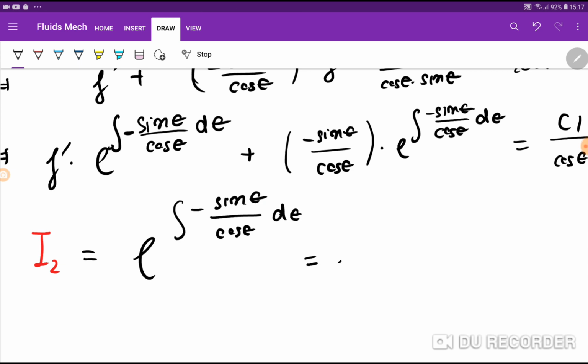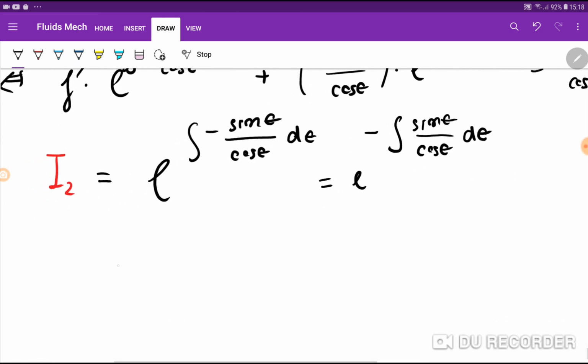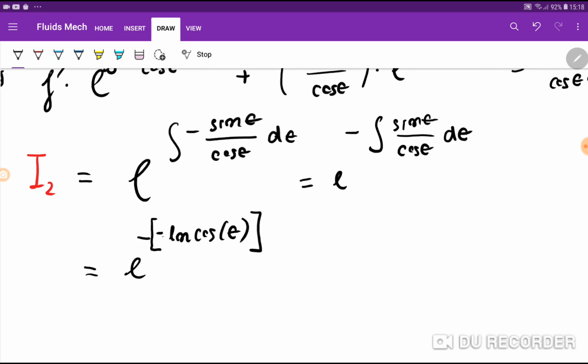It will be equal to e to the power of, I'm going to put the negative sign outside, the integral of sine theta over cos theta d theta. That equals e to the power of negative ln cos theta. The negative sign is there because you can check it yourself: let u equal cos theta and then du.